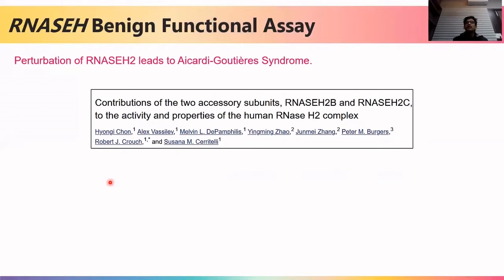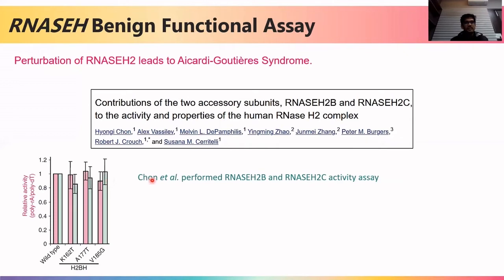If we also look at another example of benign variants, for RNase H, which are responsible for Aicardi-Goutieres syndrome, there's a study which was performed by John et al. for the RNase H2B and RNase H2C activity assay. Here, as you can see, in the wild type the activity is 1 by 1 for both of them.